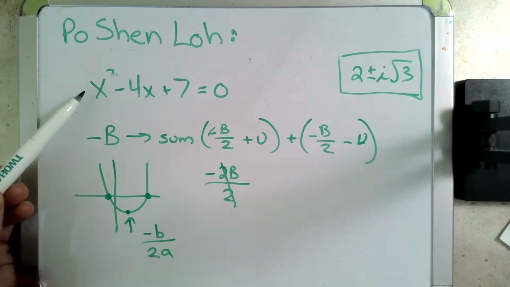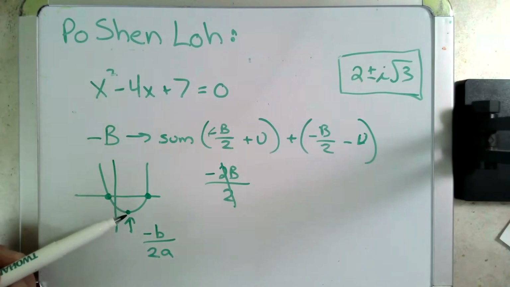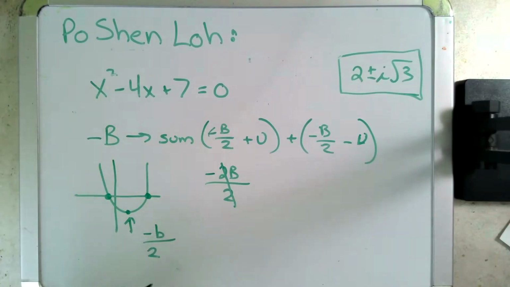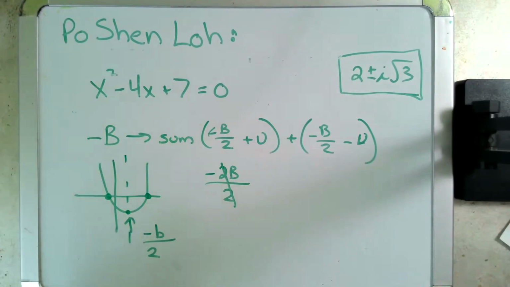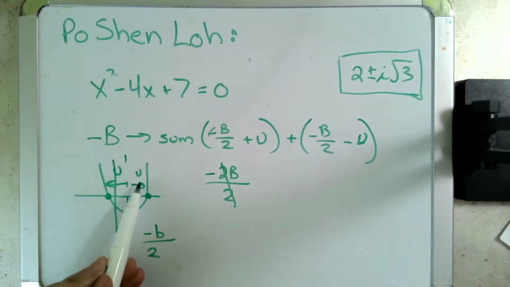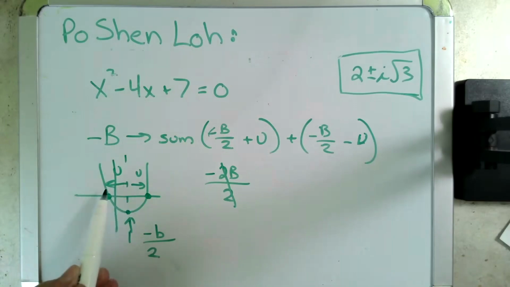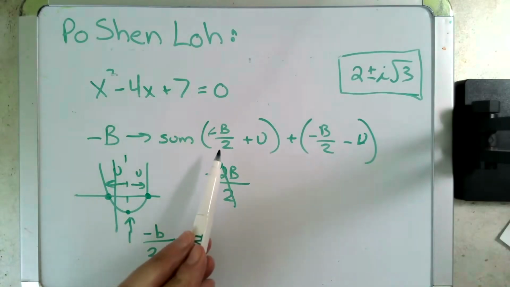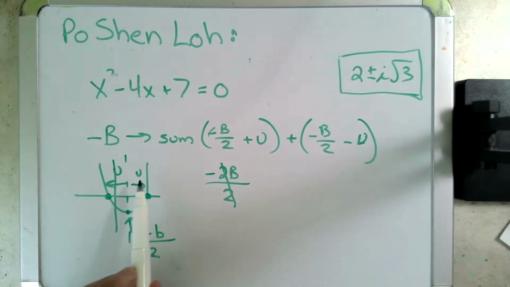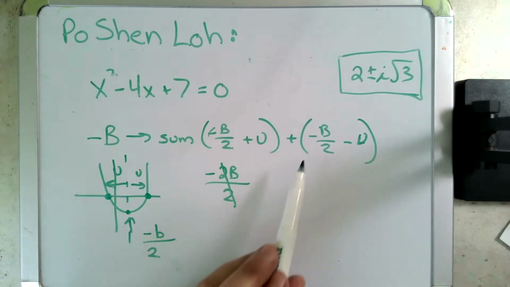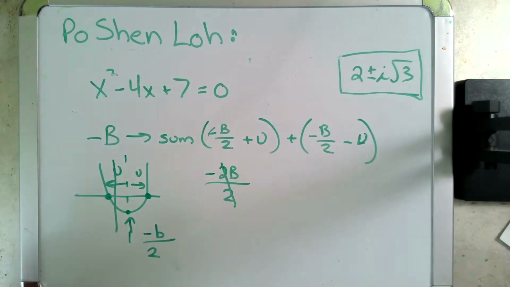And when our a is 1, our vertex x-coordinate is negative b over 2. And we know that if our two solutions are equidistant, in other words, I could call this distance u and this distance u, then if I take my negative b over 2 and I add u to it, I will get one solution. And if I subtract u from it, I will get the other solution. So that's why we're starting with this concept.